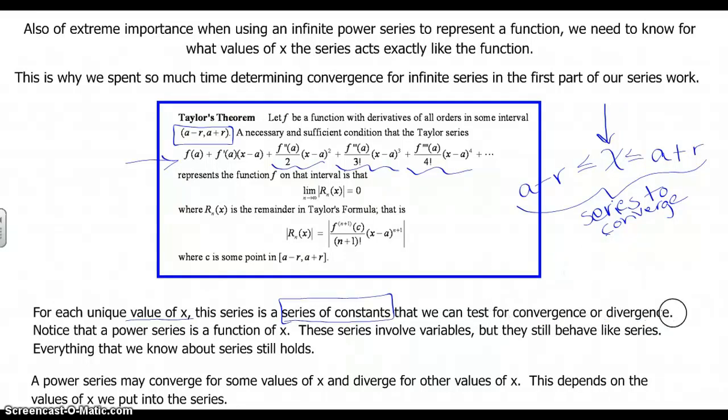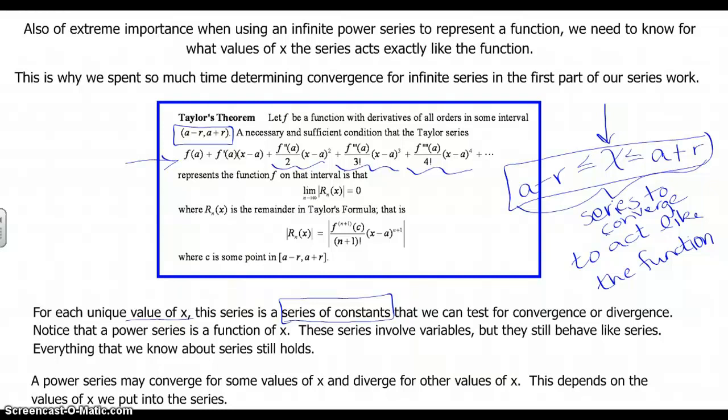Act just like the function meaning the power series will have the same outputs as the function. And this interval is a big part of the work that we're asked to do on the AP test.